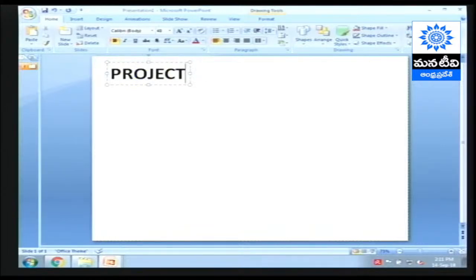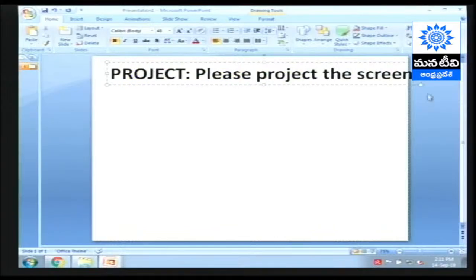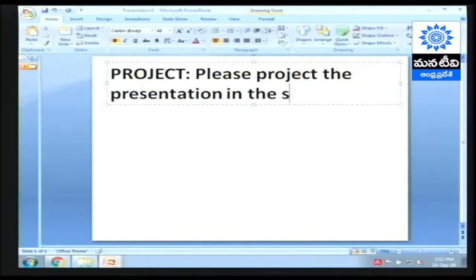I gave this example earlier as well. I can use this in a sentence, and it says, please project the presentation on the screen. It's not in the screen, it's on the screen.